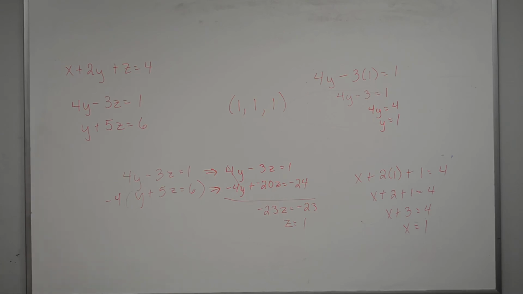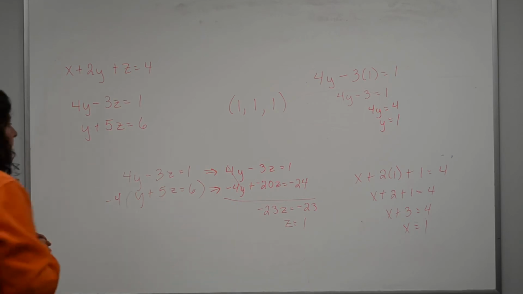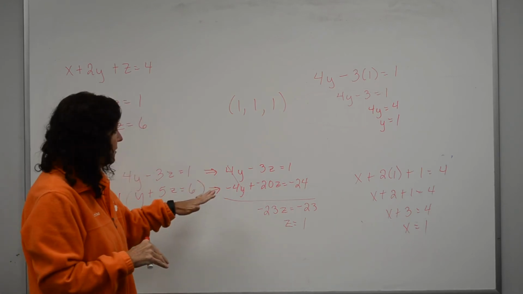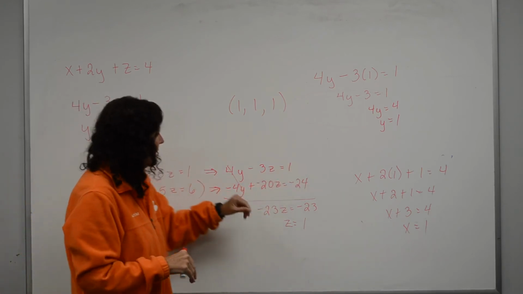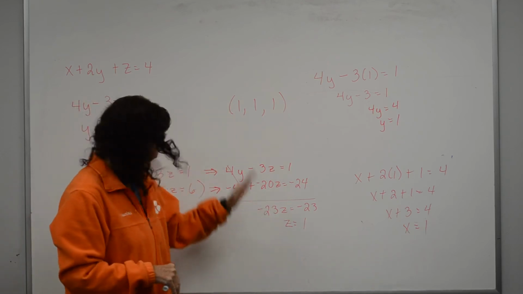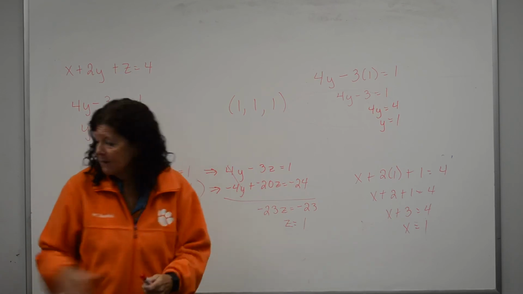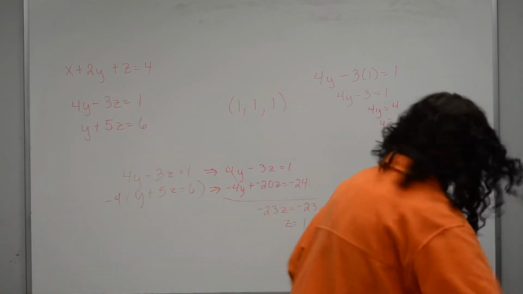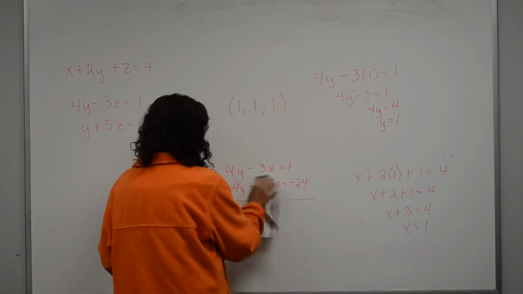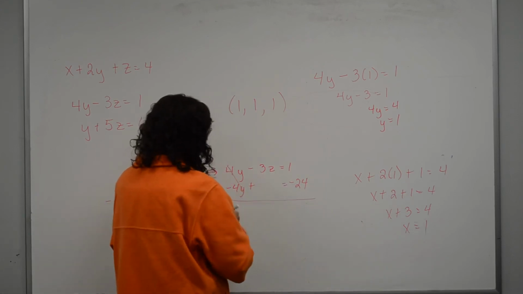Now, if you got down to the end of a problem, and all of a sudden you have things that cancel out, let's say everything cancels out. I no longer have y's, I no longer have z's, and at the bottom, let's say that became a positive 3z.